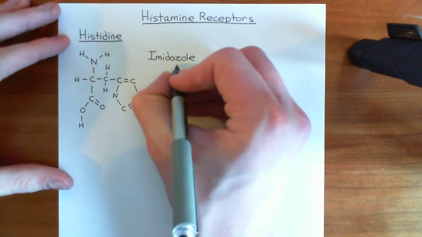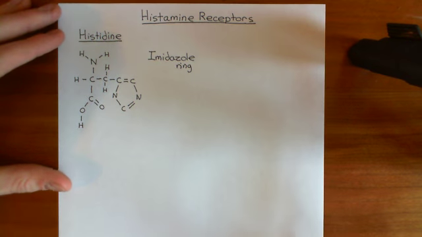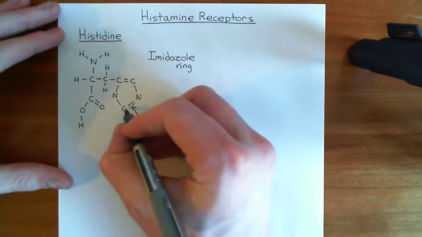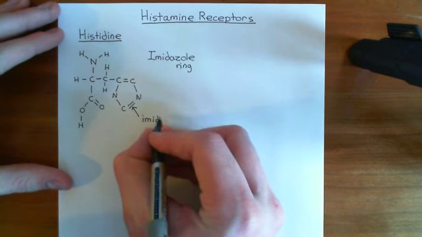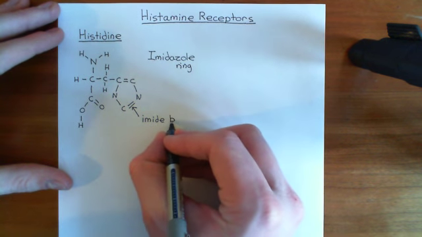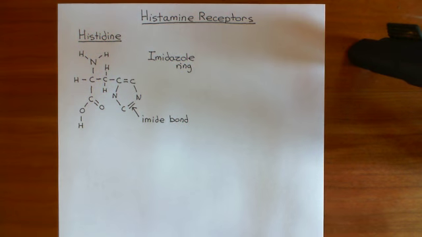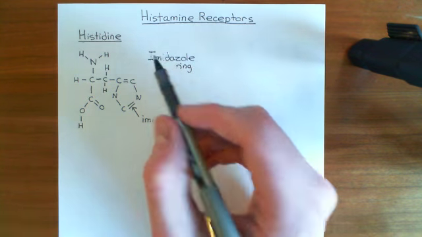Okay, and the logic behind that name for this ring structure is that this double bond here between the carbon atom and the nitrogen atom is known as an imide bond. So whenever you have a double bond between a carbon atom and a nitrogen atom, that's called an imide bond. So we have this imide bond here, that's the imide bit of the name.